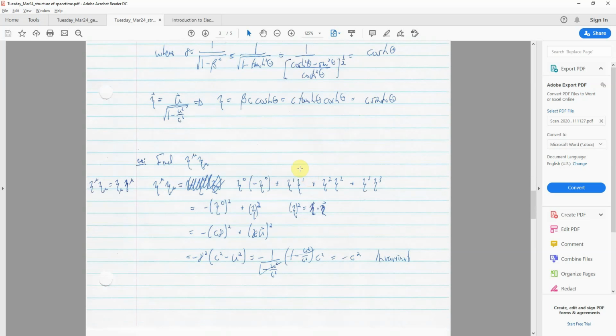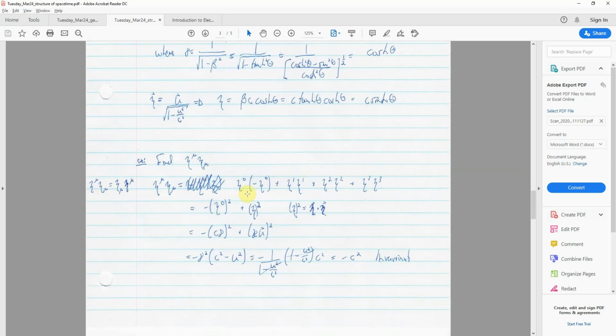But the thing that I want to discuss is the 4-vector dot product of this proper velocity. So I find this 4-vector dot product, eta, the contravariant times the covariant vectors of the proper velocity, and of course the contravariant times the covariant is the same as the covariant times the contravariant.